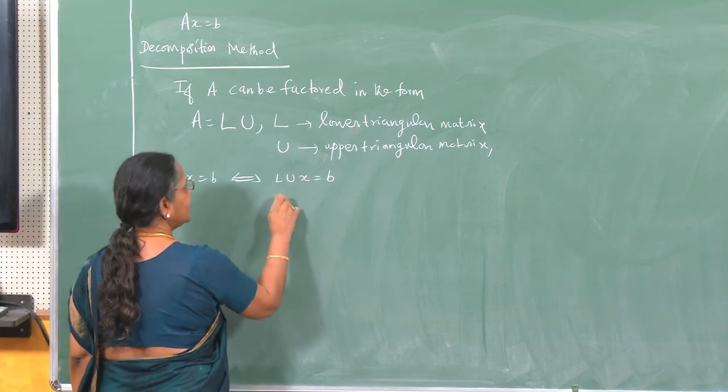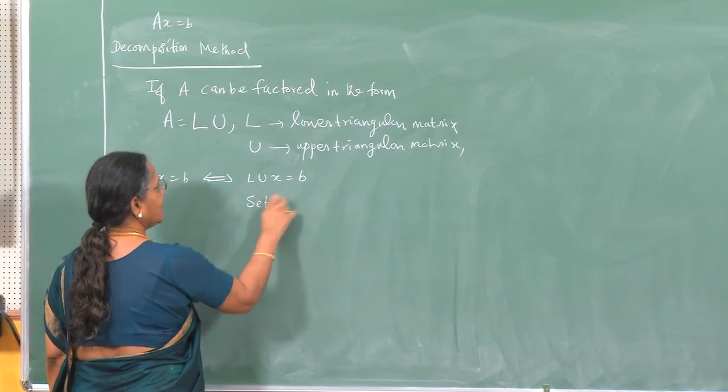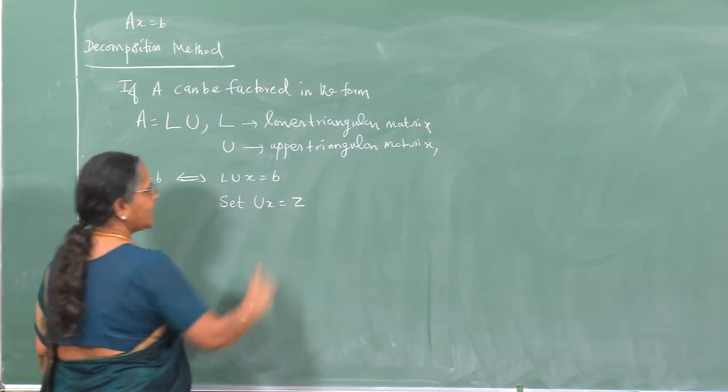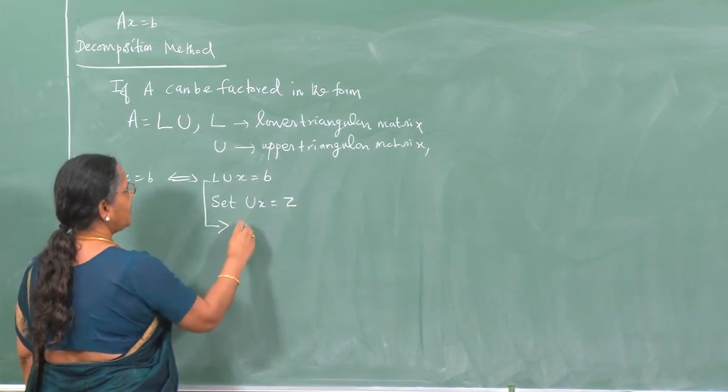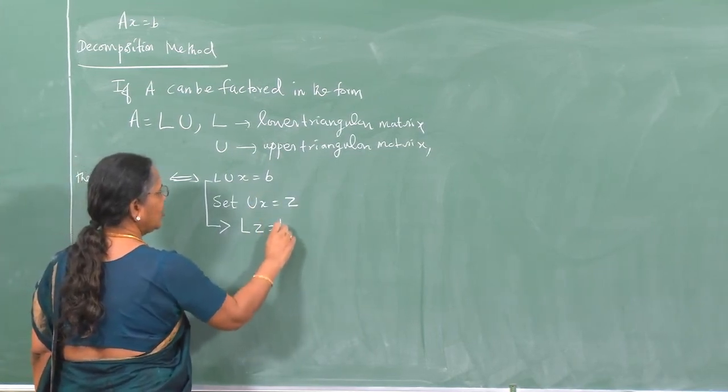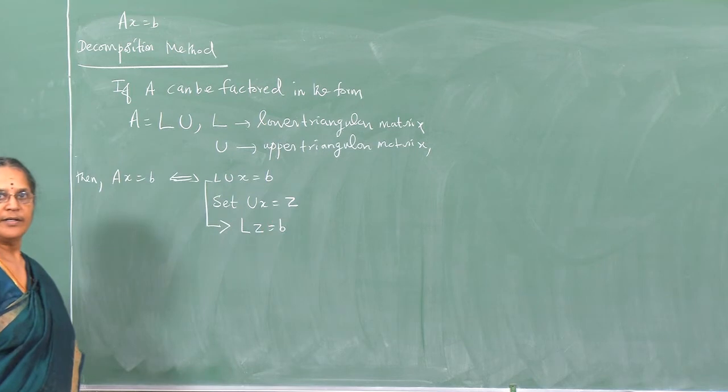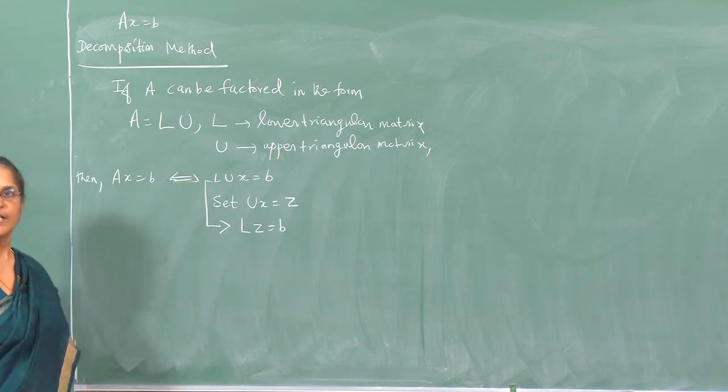This suggests that if I set Ux = Z, then this LUx = B becomes Lz = B. So, let us see how we can obtain our solution x.